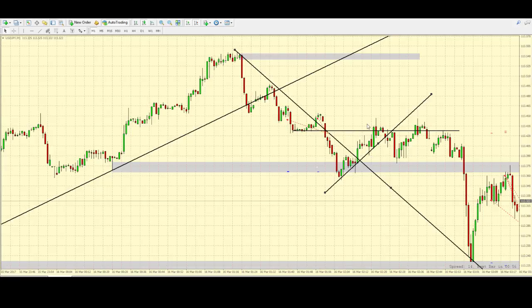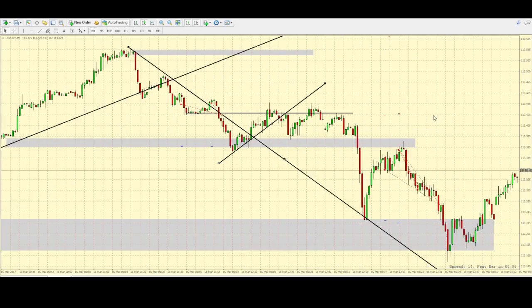It retested that 1 time, 2 times, and it also retested the demand zone over here. After the retest, though, it continued on its downtrend, because as you can see, it's making lower highs and lower lows. The third touch was the breakout.